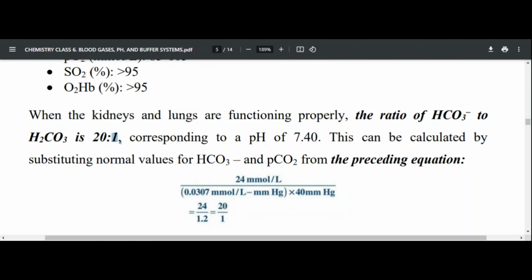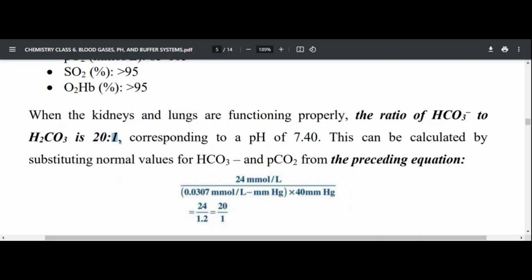This corresponds to the normal pH of blood, which is 7.4, and this can be calculated by substituting the normal value of bicarbonate and partial pressure of CO2 into the preceding equation.